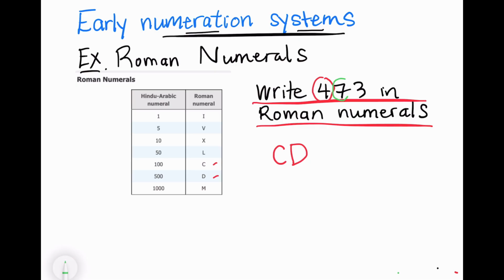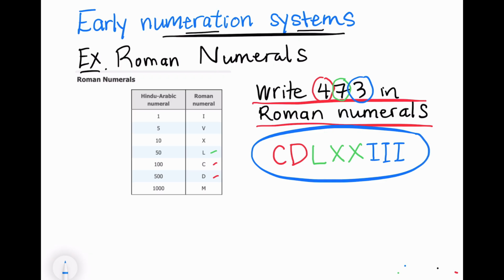Next, I want to express 70, so I can use the L and 2 tens, and that's perfectly fine. To express the 3, I'm just going to use 3 I's. So this is 473 in Roman numerals.